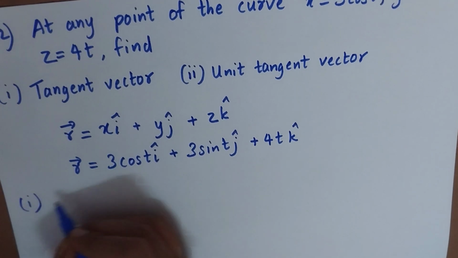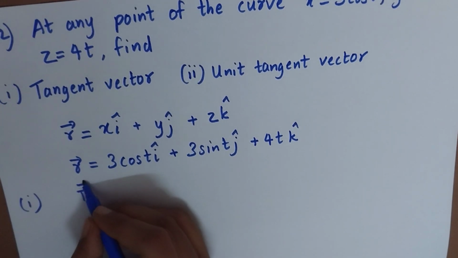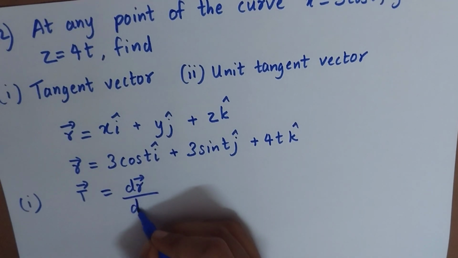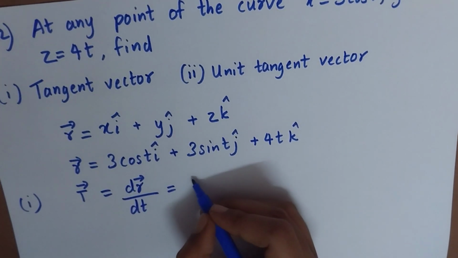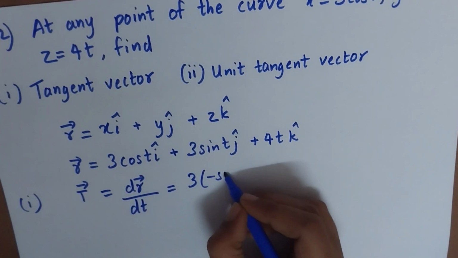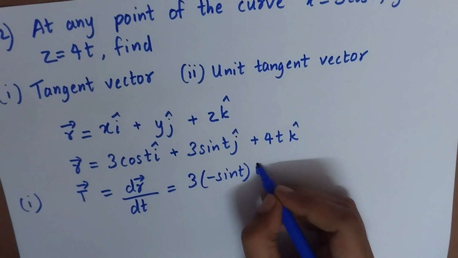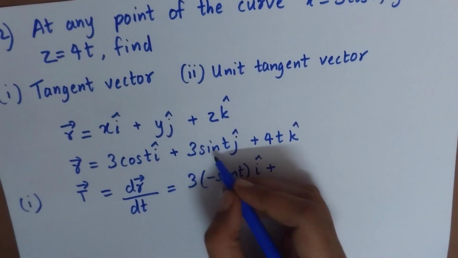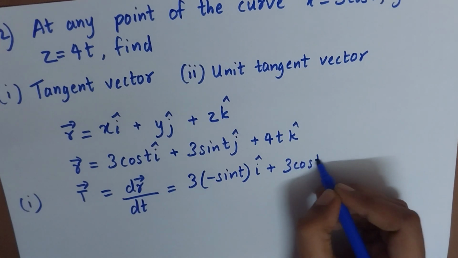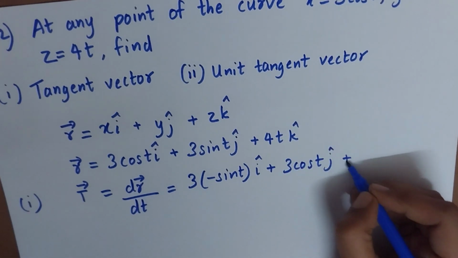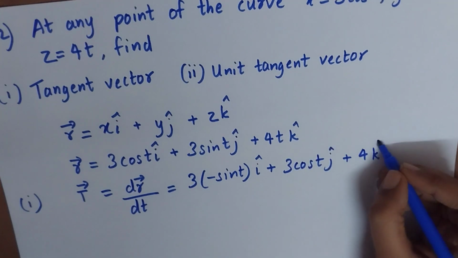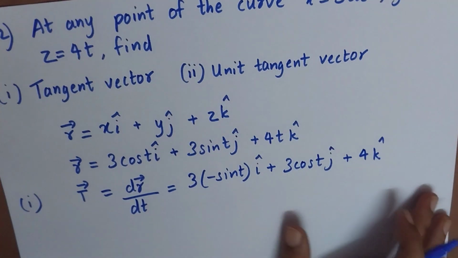So our tangent vector, t vector, equals dr vector by dt, which is equal to 3 cos t's derivative, minus 3 sin t, i cap plus 3 sin t's derivative, 3 cos t, j cap plus 4t's derivative with respect to t, 4 k cap. So this is our tangent vector.